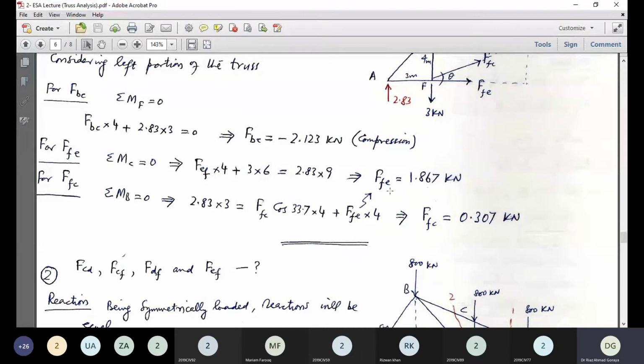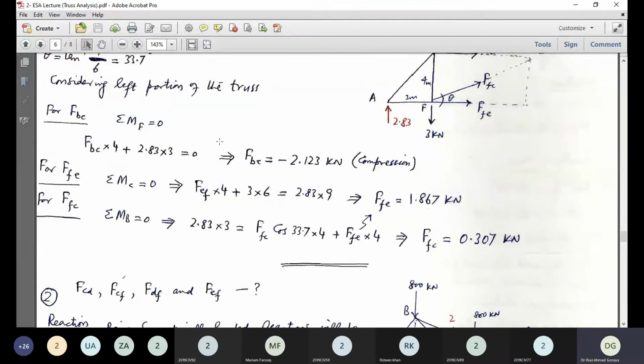This is already known from the previous step. So this will result in FFC equal to 0.307 kilonewton.